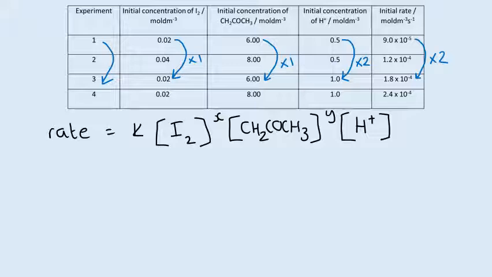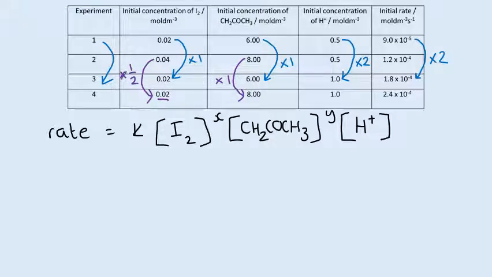I'm going to compare experiments 2 and 4 because this is remaining the same. Now what's happened to this one? Well, this is halving. If you're not sure, you can take 0.02 divided by 0.04, and this is in fact multiplying by a half.